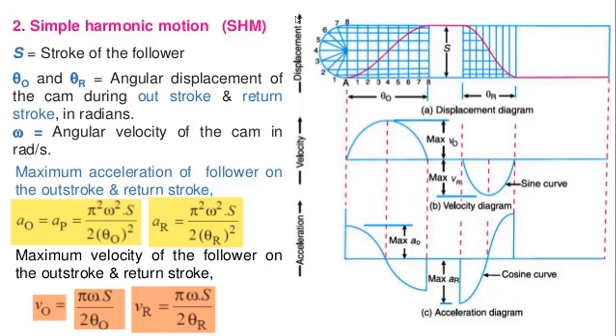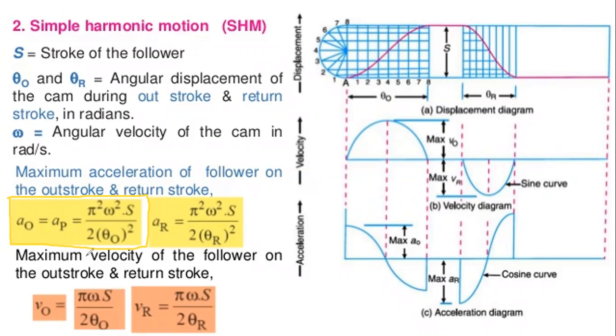So firstly I am taking the outward stroke only. The acceleration of O is taken as pi square omega square s by 2 into theta of O whole square.